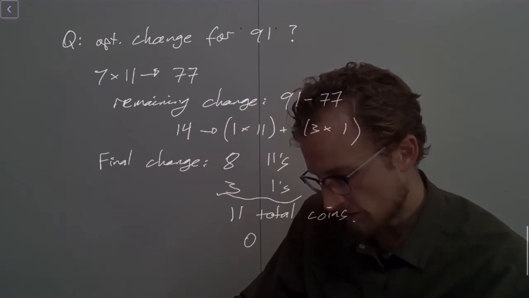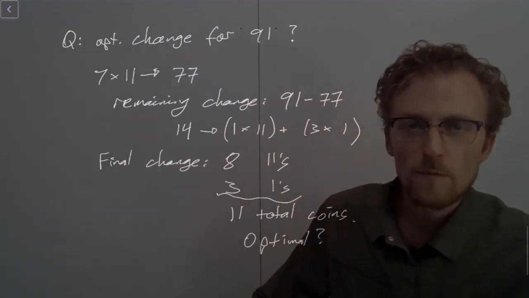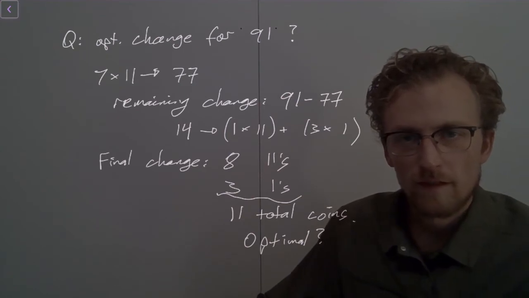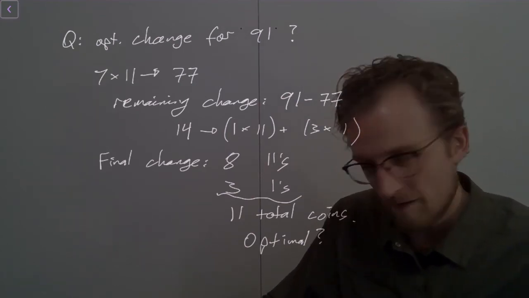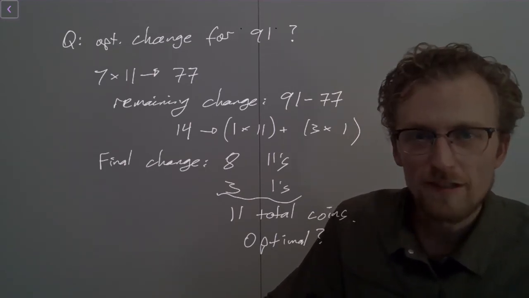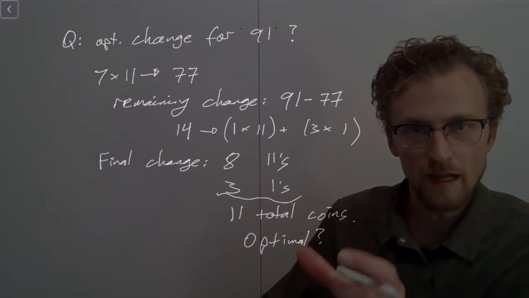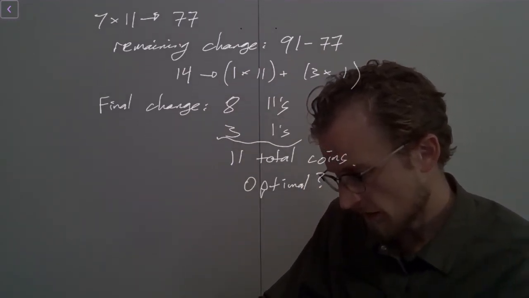Okay, is this optimal? I hope that it's clear that it's not. It might not actually be obvious what is optimal, but 11 is not. And why is that? Well, because I could have just used 9 10s to get me to 90 and a 1, right? So this is not optimal.